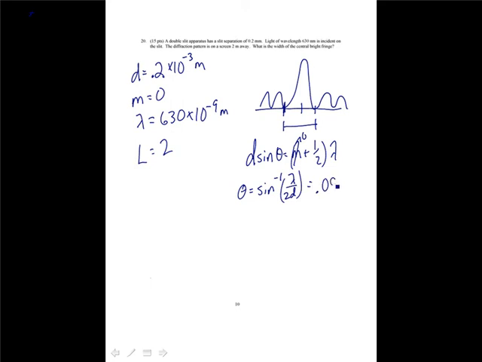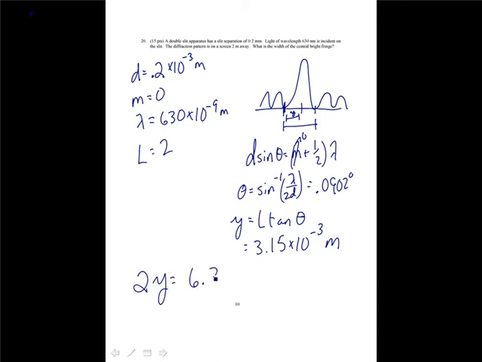That's equal to 0.0902 degrees. Then I solve for y, which is this distance. y is equal to L tan theta, which is 3.15 times 10 to the minus 3 meters. And so 2y, which is my width, is 6.3 millimeters, or 6.3 times 10 to the minus 3 meters.